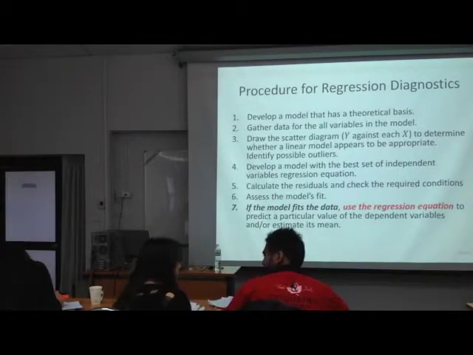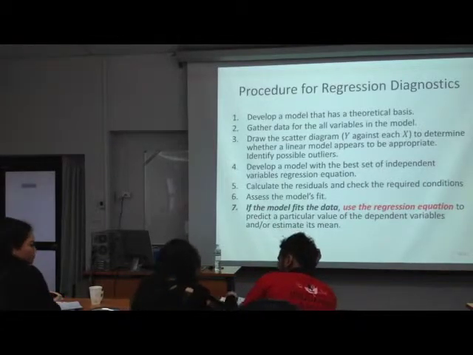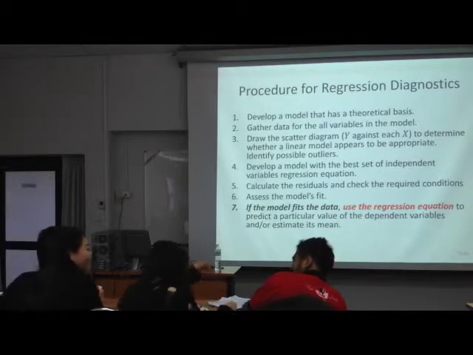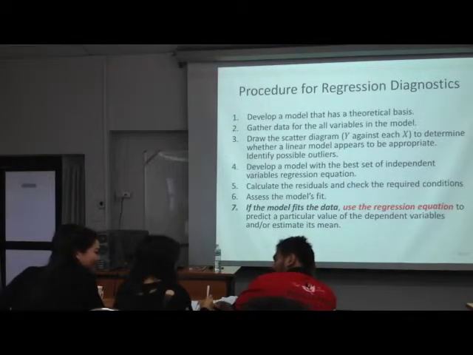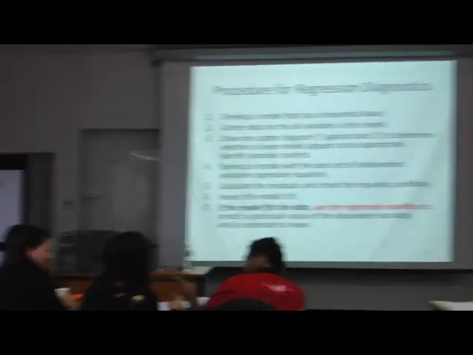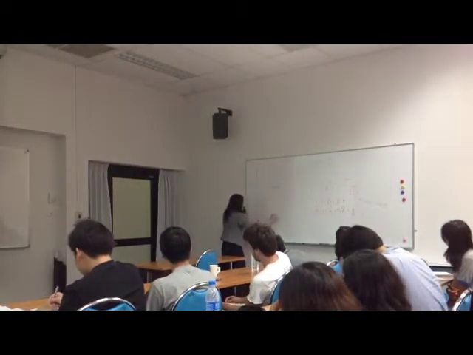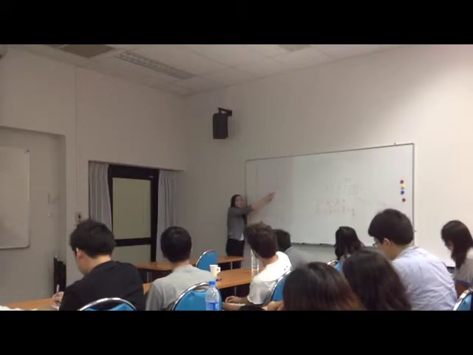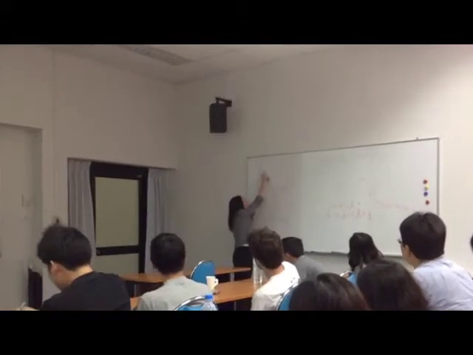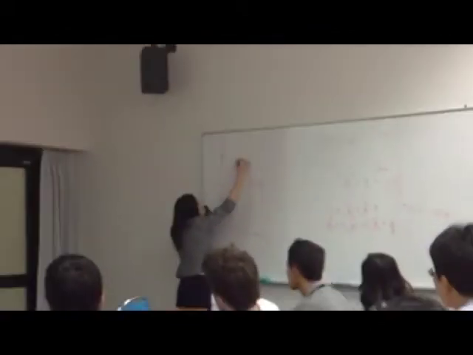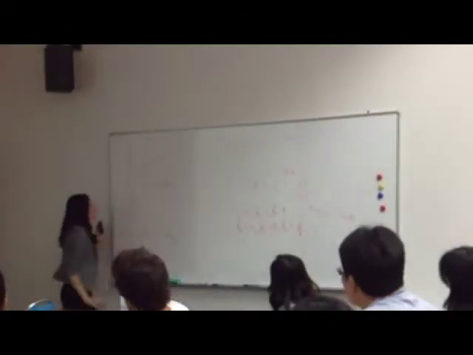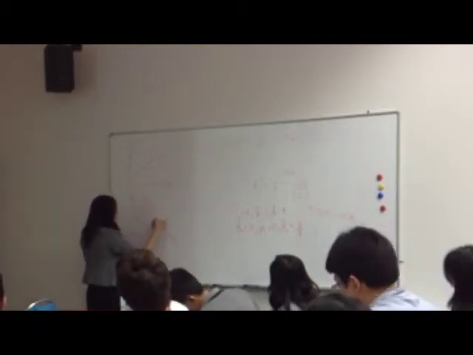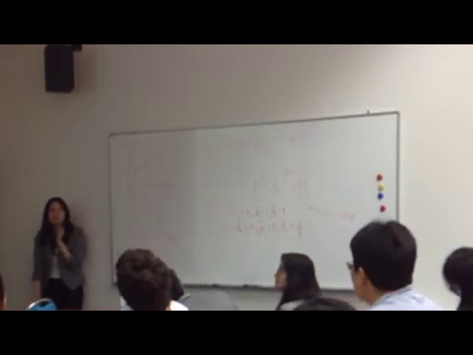Suppose I have the plot like this. Suppose I have x1 and x2. So the first scatter plot is x1 versus y, and I probably have a plot like this. And x2 versus y, maybe I have something like this. What are you going to do?